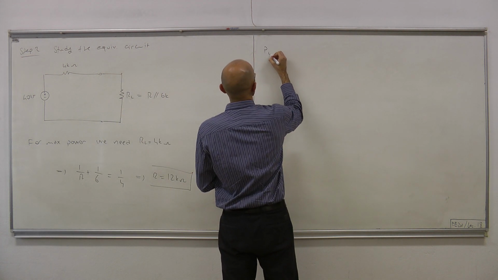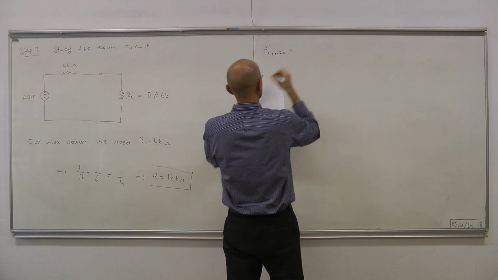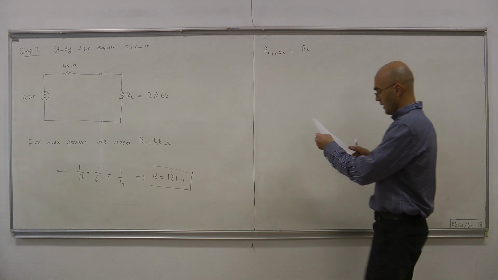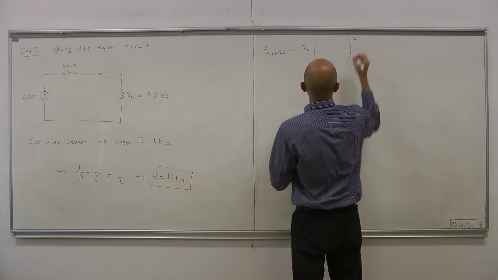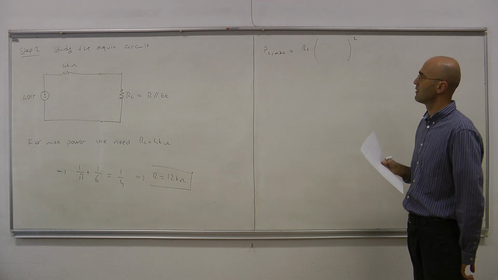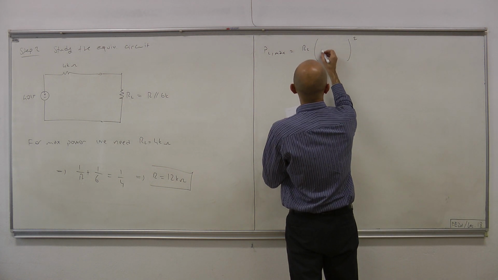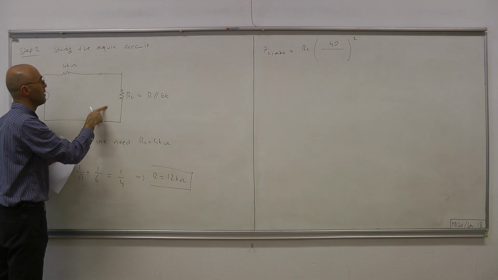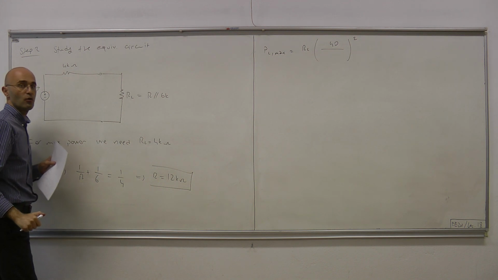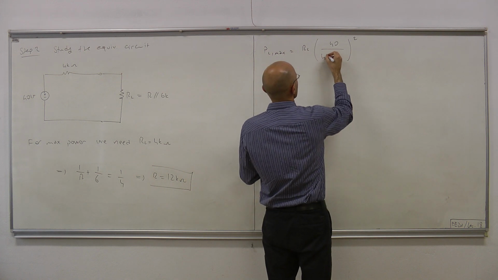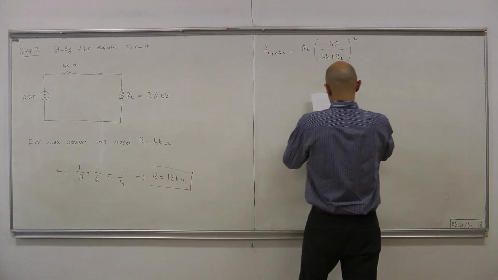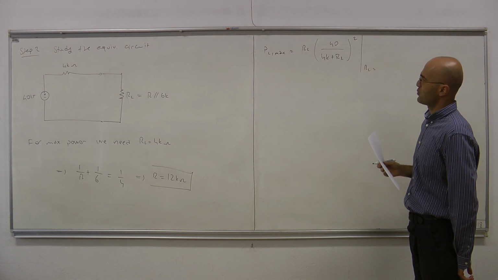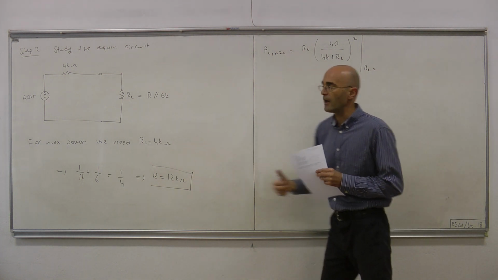P load max equals our load, which we now know is 4K, times the square of the current passing through that load resistance. And what's the current? The current is the voltage divided by the resistance seen by the voltage source, which is 4K and another 4K, making 8K. 4K plus R_L, and we know that for maximum power transfer, R_L must be 4K.